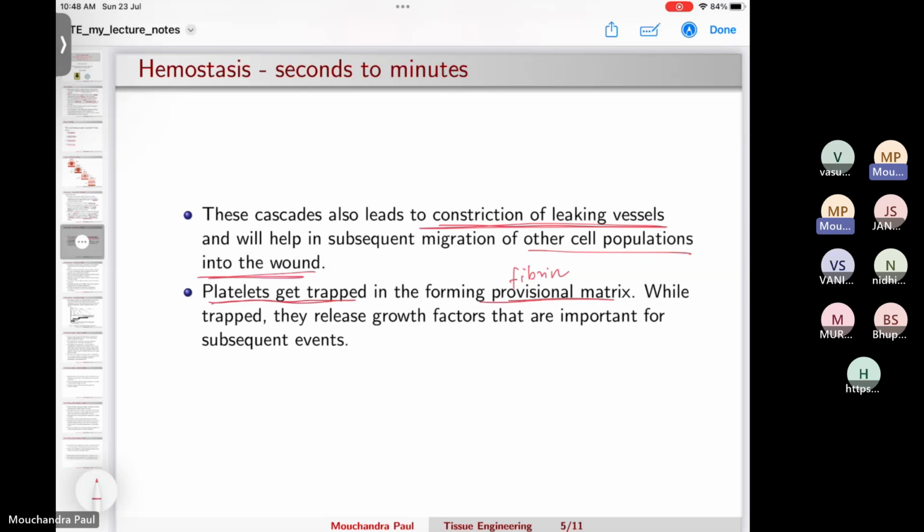In that matrix, the platelets get trapped, and while being trapped, they continue their work of releasing some growth factors. These growth factors, the cytokines, are going to play a very important role in recruiting more and more cell populations at the wound site for the subsequent phases of wound healing.